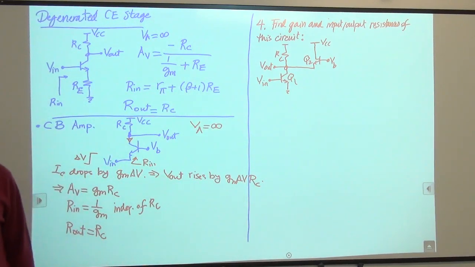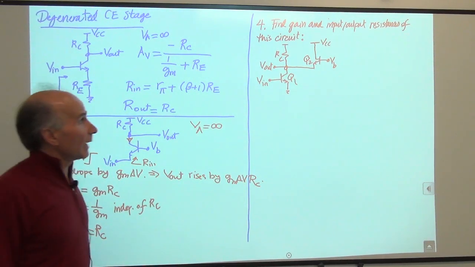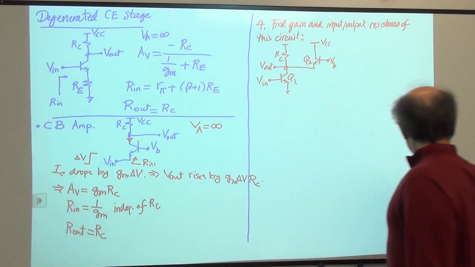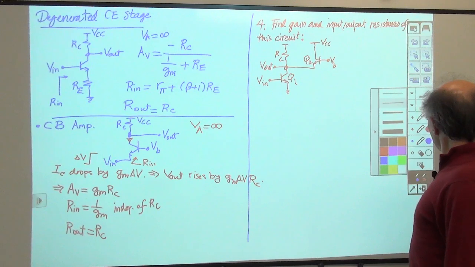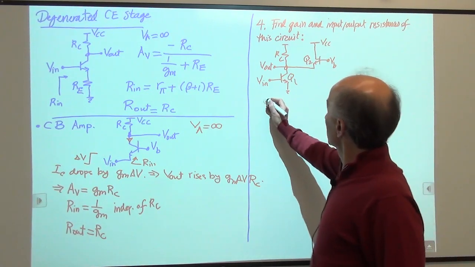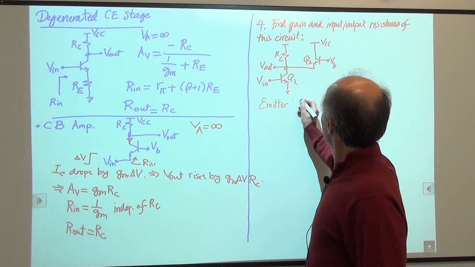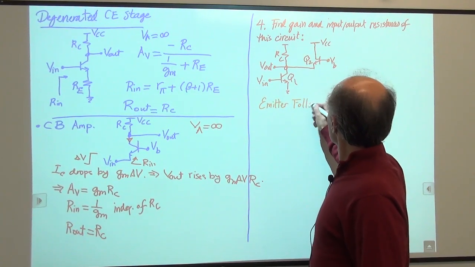All right, moving on to the next amplifier stage in bipolar technology, namely the emitter follower. So let's change the color to maybe orange. So I'm going to talk about the emitter follower.